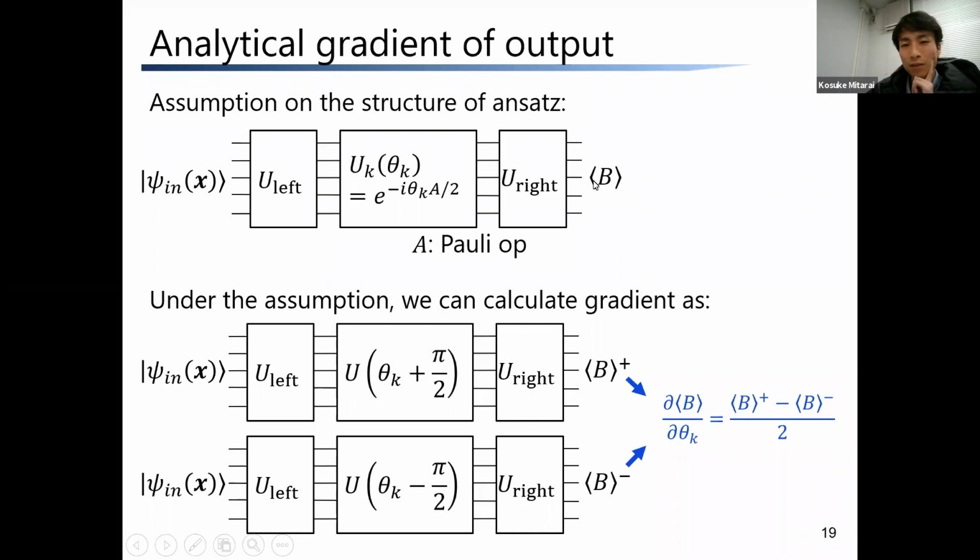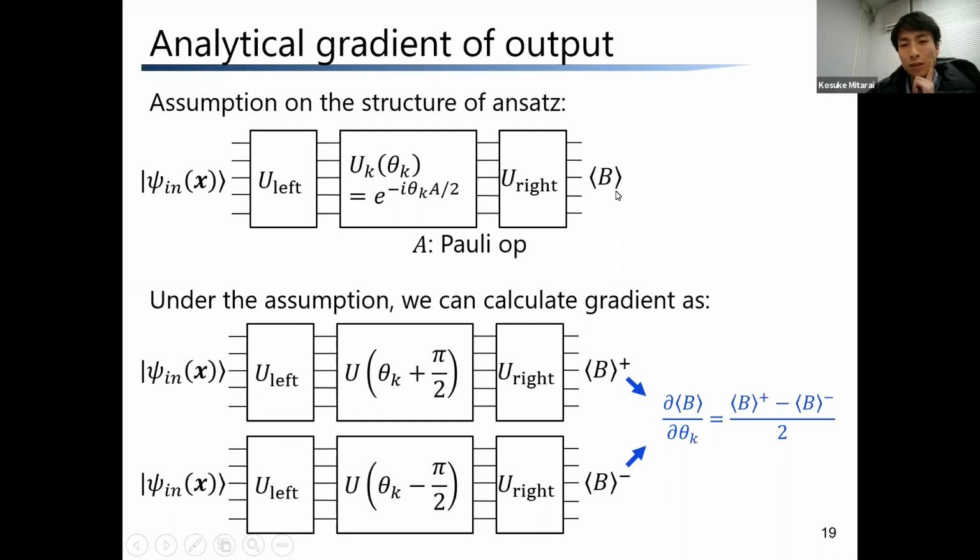Taking the derivative of this expectation value will produce the differentiated U B U dagger on the input state, plus U B differentiated U dagger on the input state.